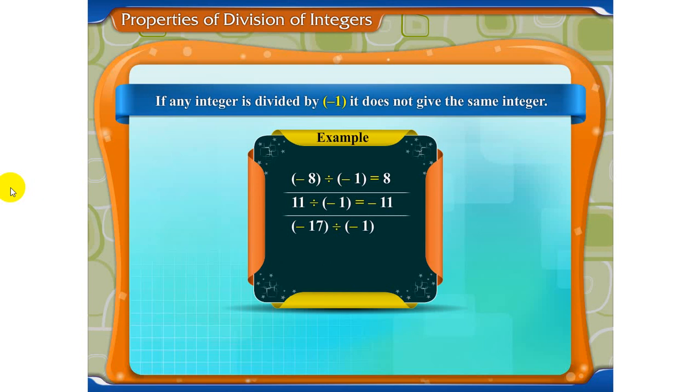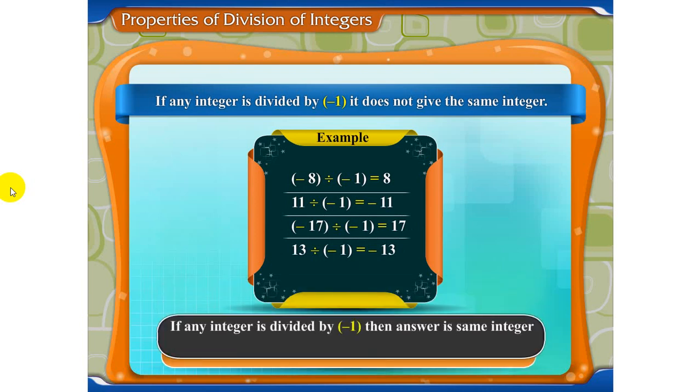Minus 17 divided by minus 1 is equal to 17. 13 divided by minus 1 is equal to minus 13. Thus, if any integer is divided by minus 1, then the answer is the same integer with the opposite sign. Like when we divide minus 8 by minus 1, we get 8. And if 11 is divided by minus 1, we get minus 11.